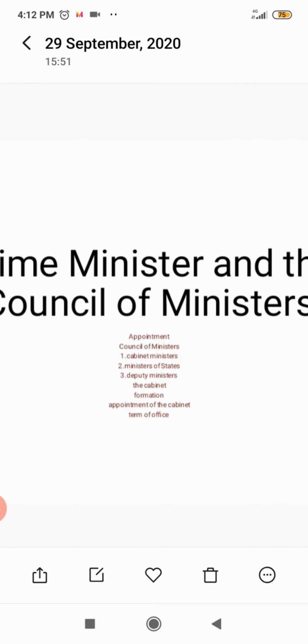The Constitution of India does not specify either the number of members of the Council of Ministers or classify the members of the council into different ranks.